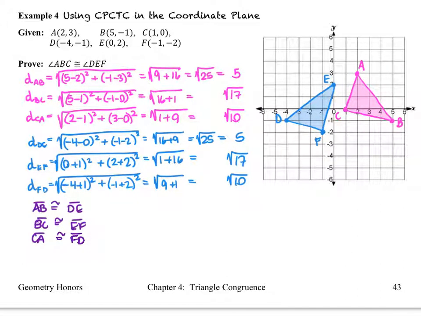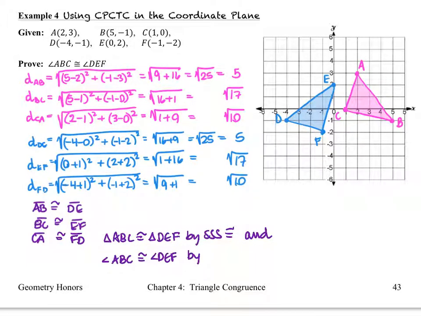What we've done is prove that triangle ABC is congruent to triangle DEF by the side side side postulate of congruence, and that means that angle ABC is congruent to angle DEF by CPCTC. Remember, what we wanted to prove is angle B compared to angle E.